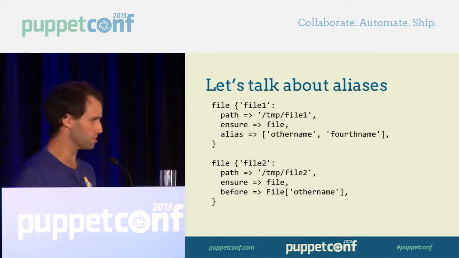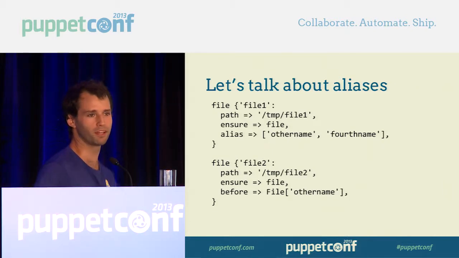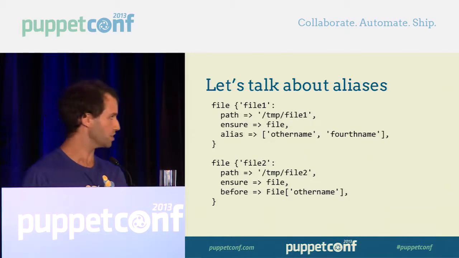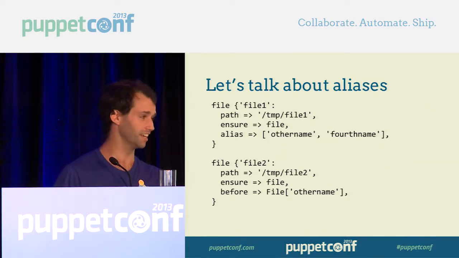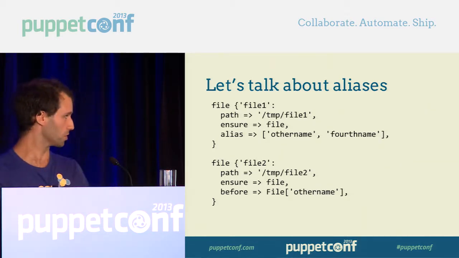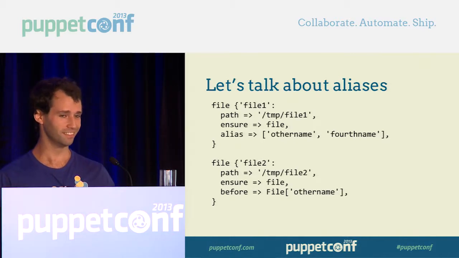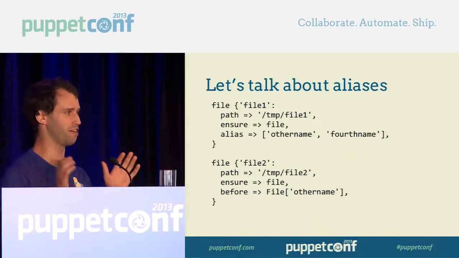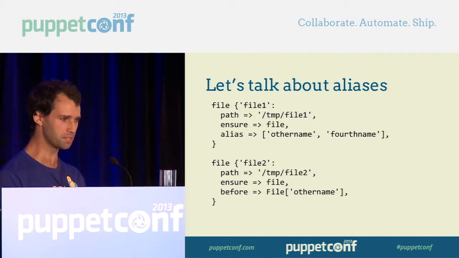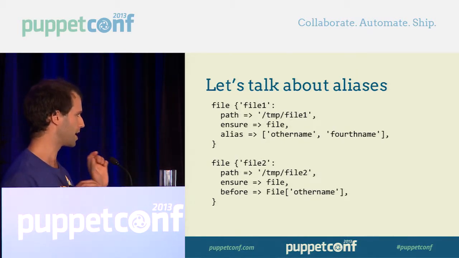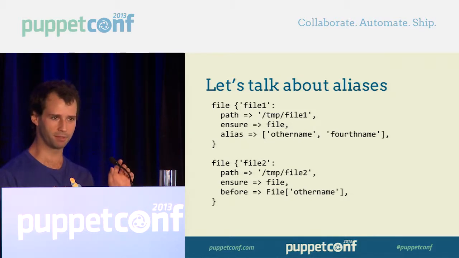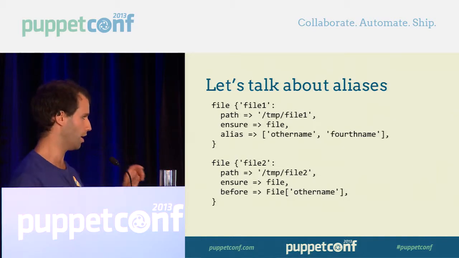We can talk about aliases a bit. Who knows about aliases? Who knows that there's always an alias? All right, who knows what a namevar is? Okay, so resources have all of these names, and they've got one name called a title. They've got another name called a name, unless it's not called name, unless it's called something like path.